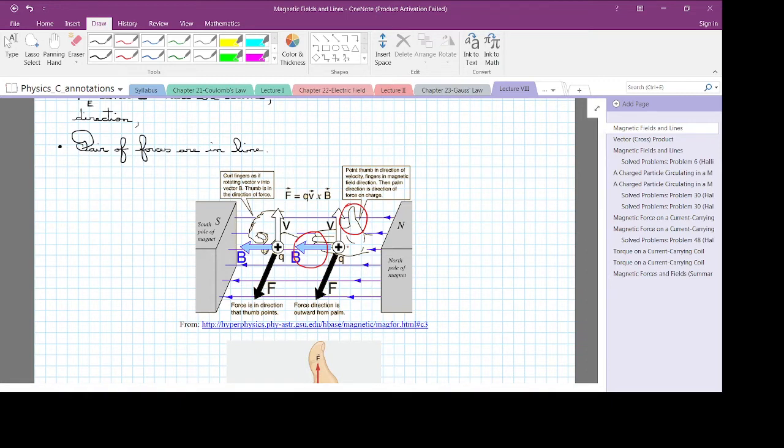In this case, if you have a positive particle moving upwards, let's put a reference frame here to understand it better.